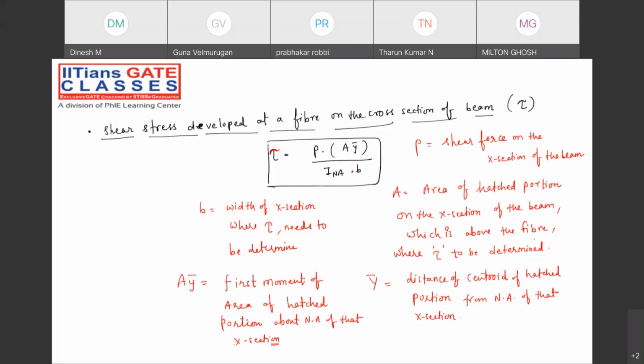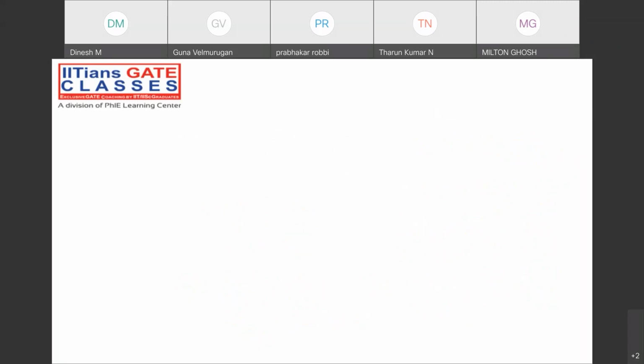Okay. So first of all, we will try to explore the formula for the rectangular cross section.